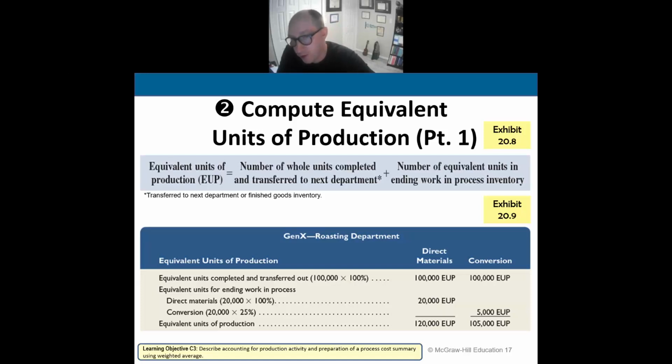Transferred to the next department or finished goods inventory. That's what you need to know about when it says next department. Next department means it can either go from molding to filling, or it can go from packaging to finished goods. Next department just means next department or finished goods.